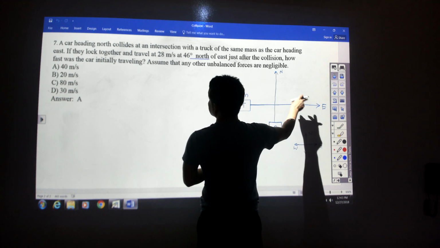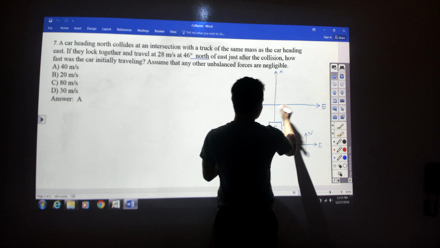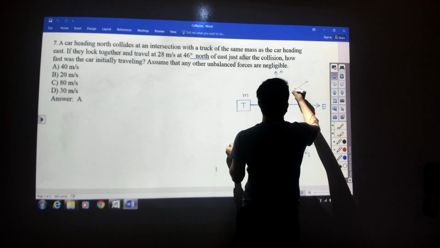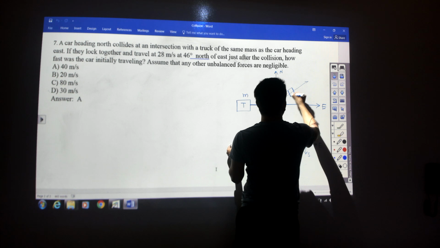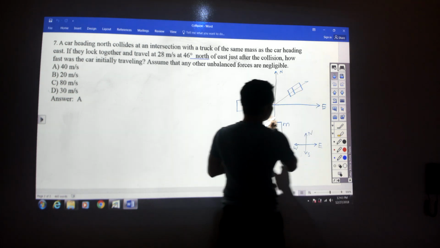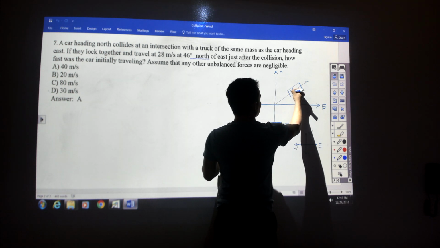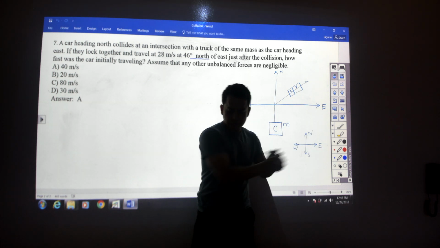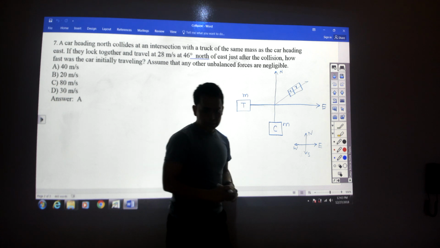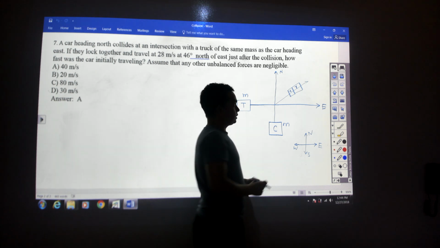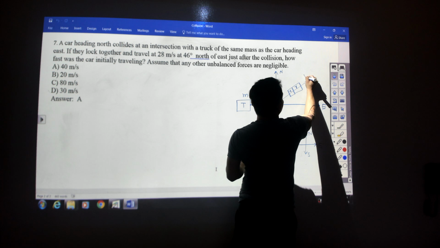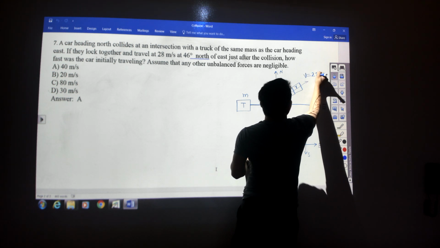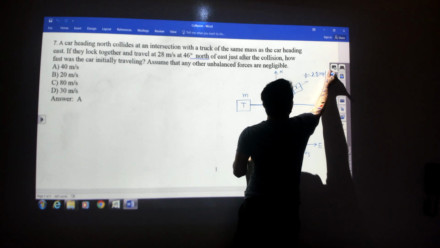The truck is heading east, and after the collision they lock and move together, and the speed v is 28 meters per second. This is given.